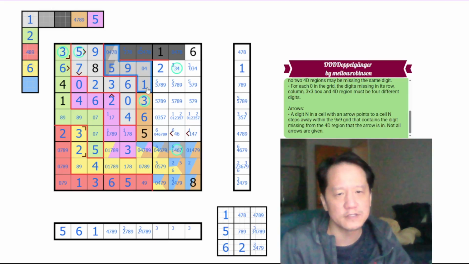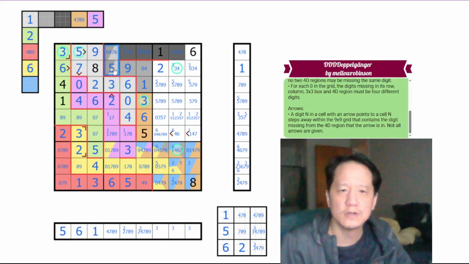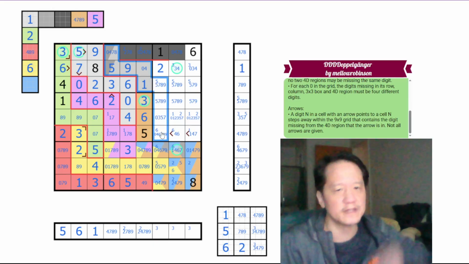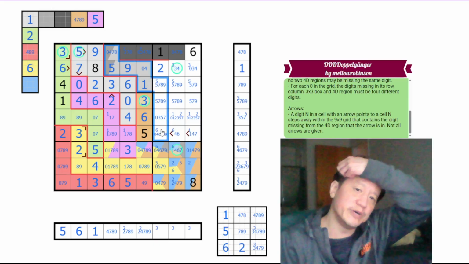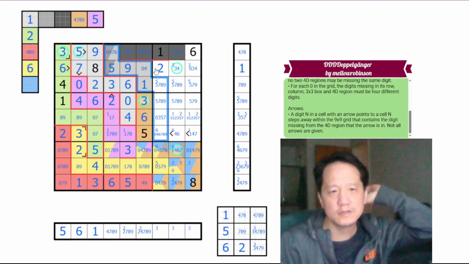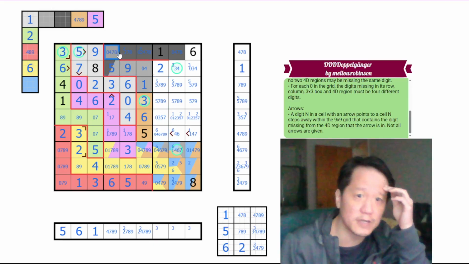So it needs access to a 6. It cannot go here because that would block up dark. If we tried going down here, so 1, 2, 3, 4, 5, 6, 7, 8, 9. That could work, but it doesn't have access to a 2 either, which it needs. So that's why this can't be medium. This is guaranteed to be dark.